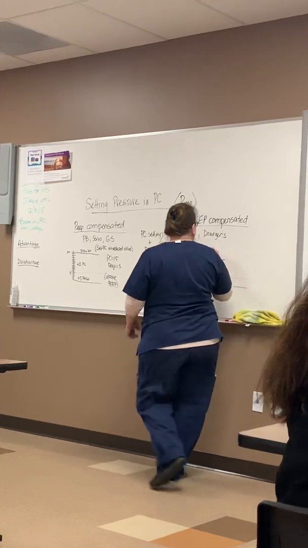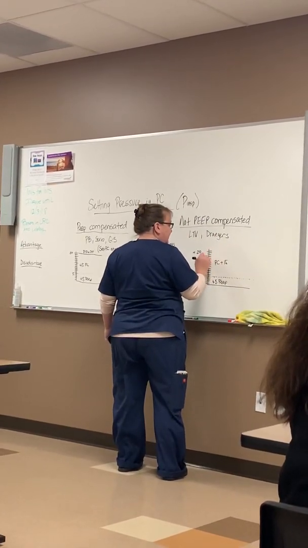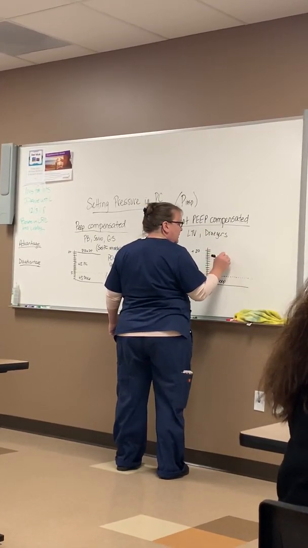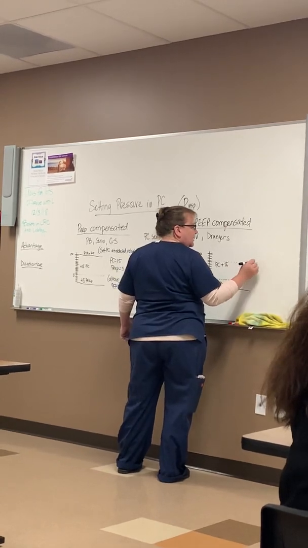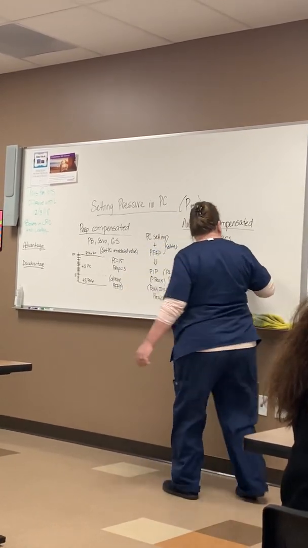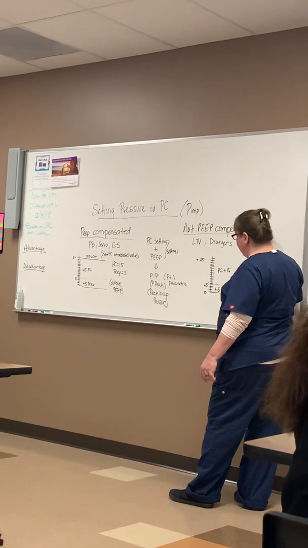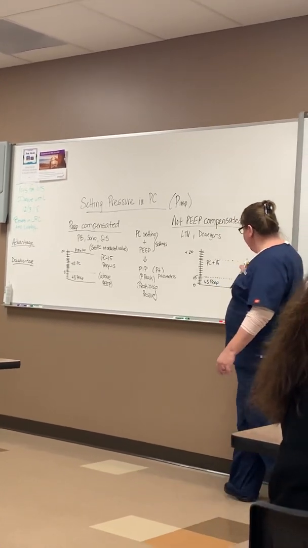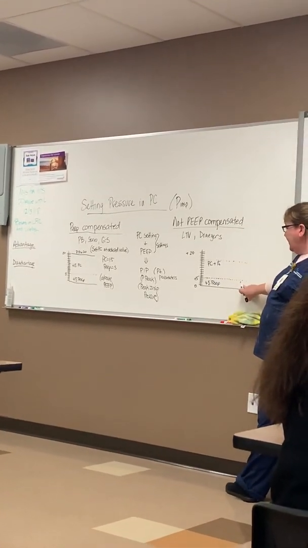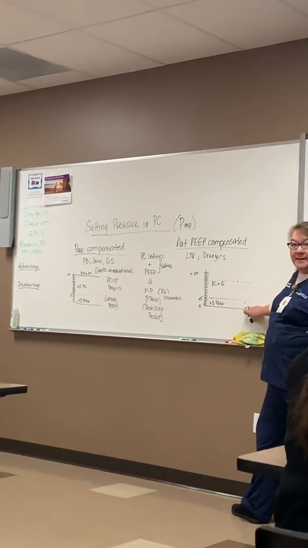So if I set my pressure control at only 15, it's gonna go to 15 and there's 5 of PEEP on there, that means they would only get 10.